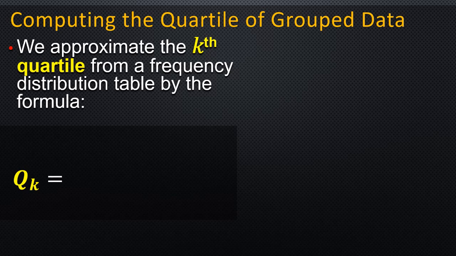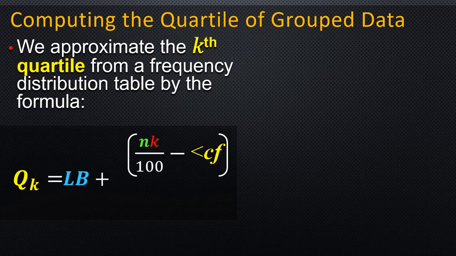We approximate the kth quartile from a frequency distribution table by the formula Q sub k is equal to LB plus the quantity of Nk over 100 minus less than CF, times i over f sub Qk. Take note of the following.